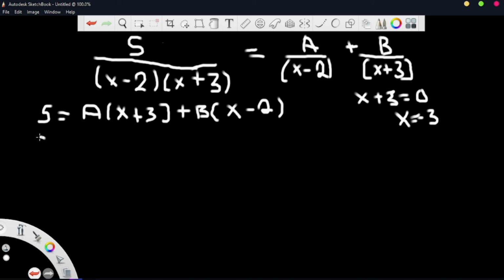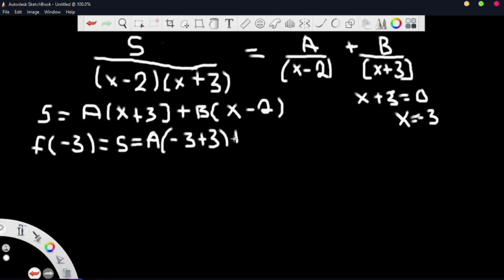So I can simply say my f of minus 3 will be equal to 5, which will be equal to a times minus 3 plus 3, plus b times minus 3 minus 2.